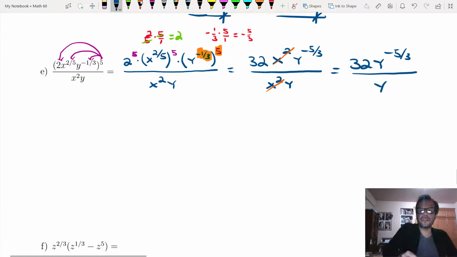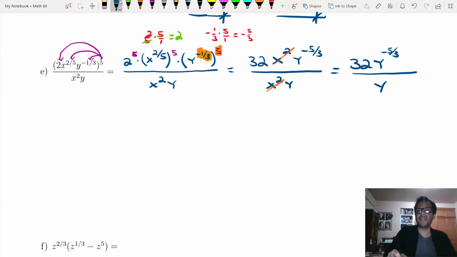Now I'm going to focus on the y's that remain there, all right? Let's look at this, let's use yellow. So y to the negative 5/3, right? Let me actually write it different so it looks like an actual power. So negative 5/3, all right?